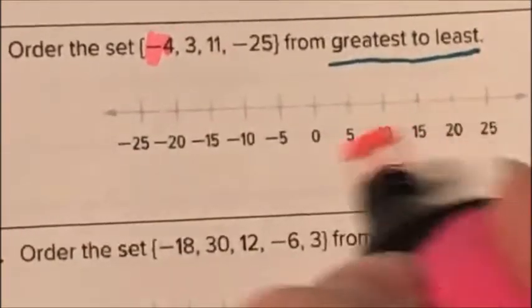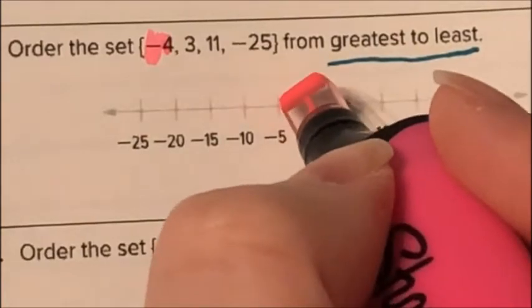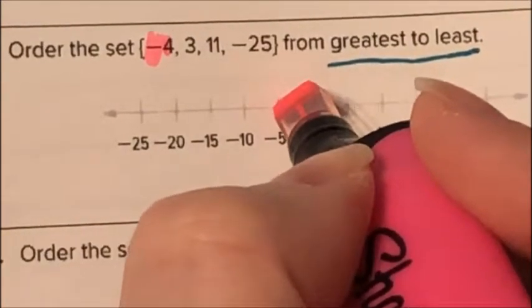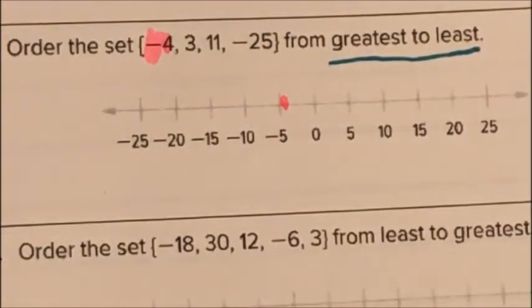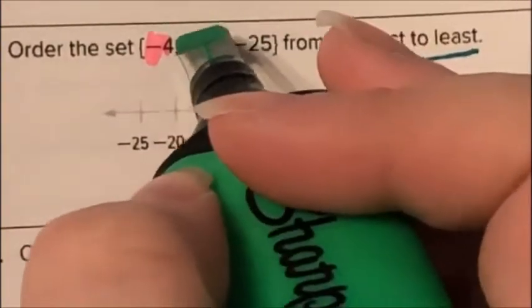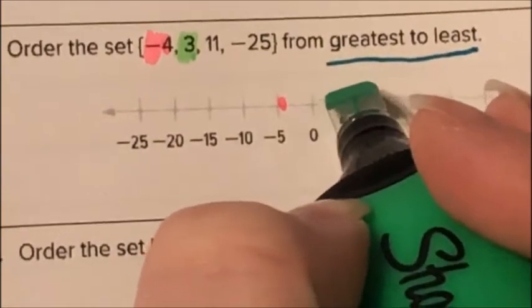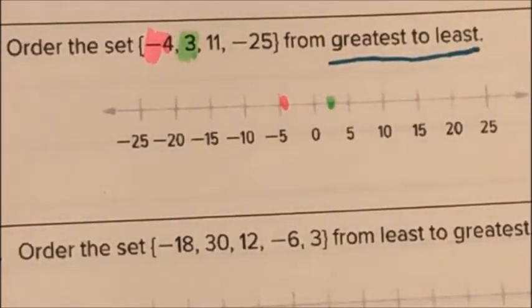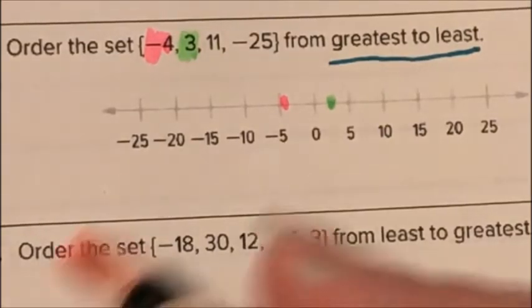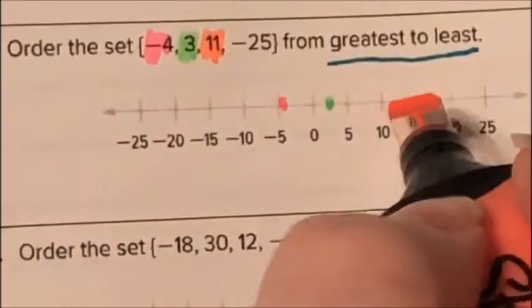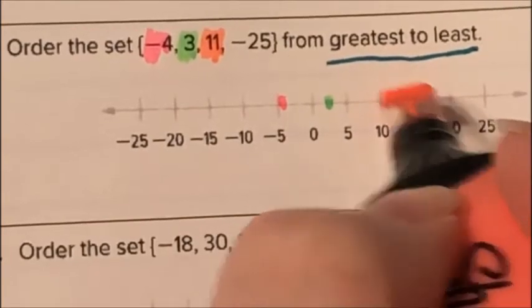So there's negative 4 on the number line. 3, about right there. 11, about right there.